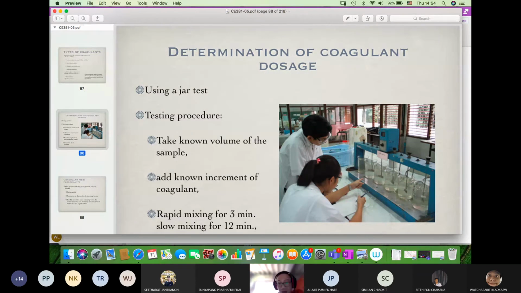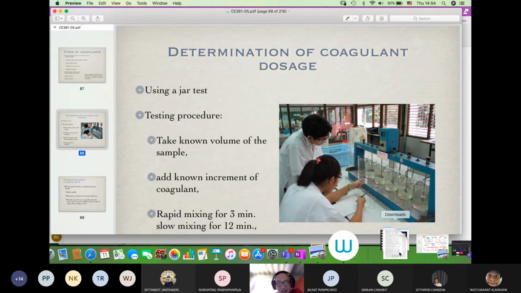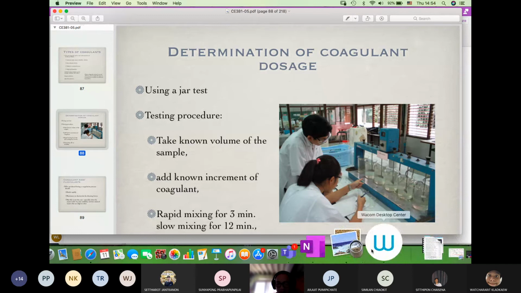If we vary the dose and also vary the pH, we will not get a conclusion. So in order to get a conclusion about the optimum pH, we need to keep the dose constant. So we keep the dose at 4 ml.